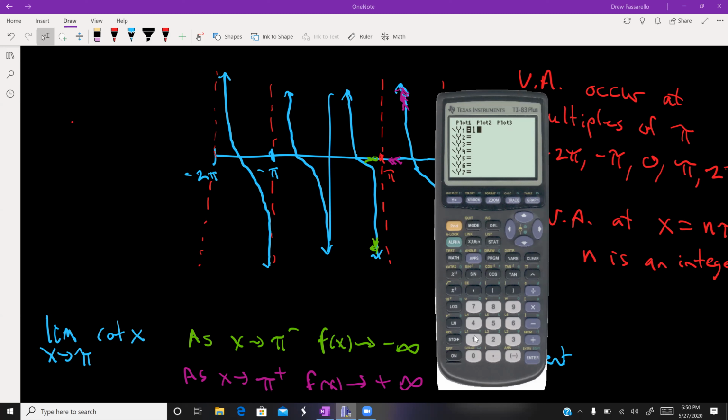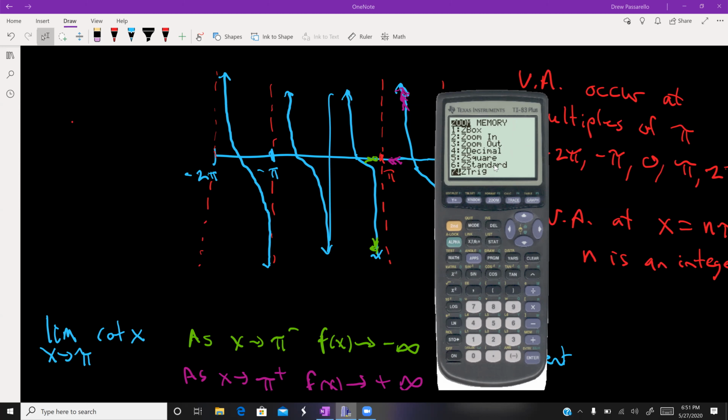So I did 1 divided by tangent of x, and then I graphed it. I've changed the window settings, and this is always helpful for trig functions. If you change the format of the window so that it goes from -2 pi to 2 pi, you do that by hitting zoom and going to where it says z trig.